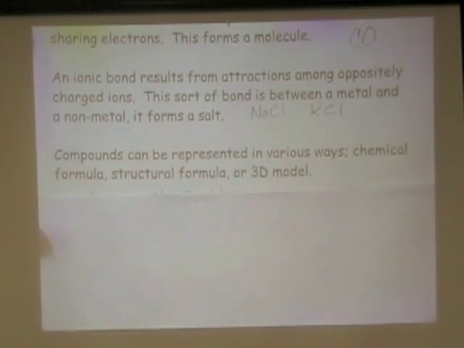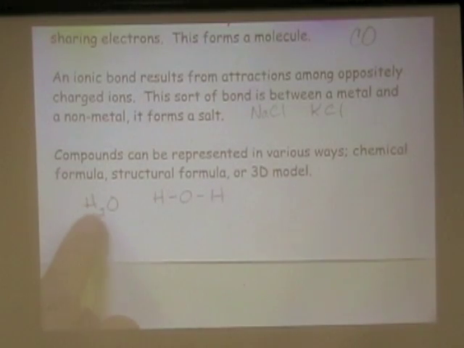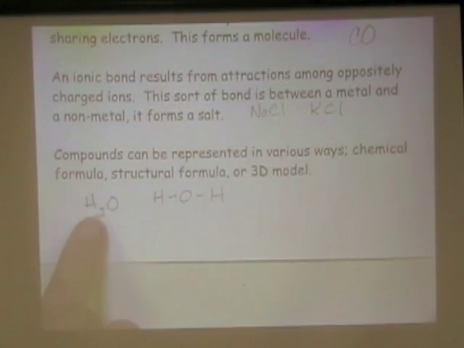Finally, compounds can be represented in various different ways. We represent them with chemical formulas, structural formulas, or three-dimensional models. So, for instance, this is the chemical formula for water, H2O.